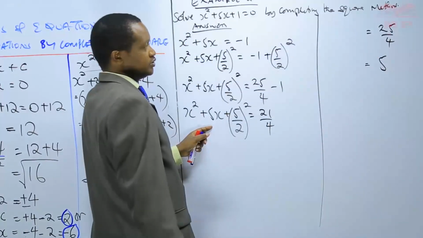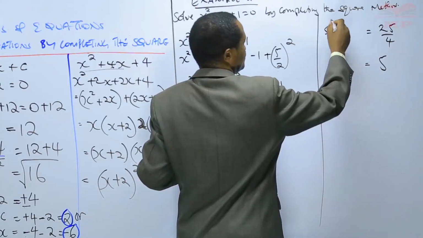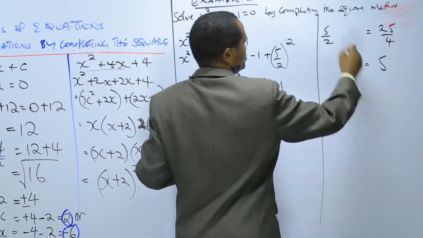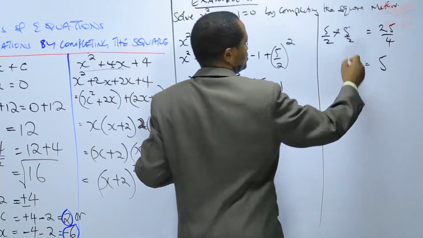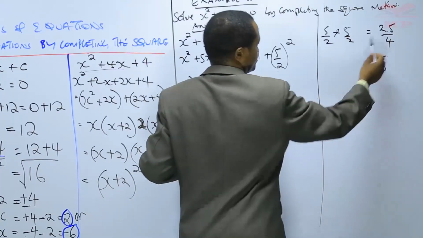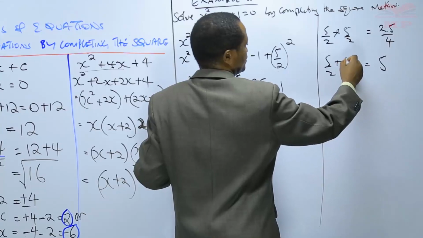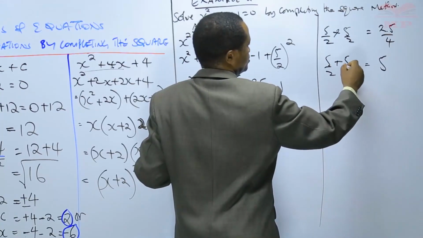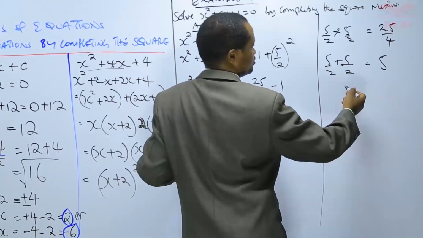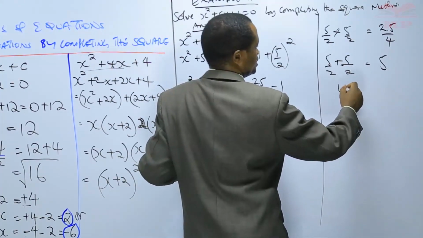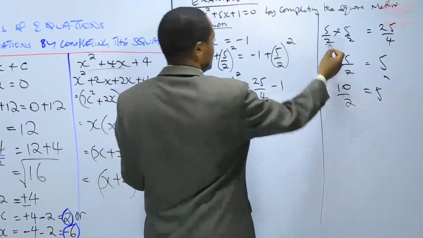The two integers are 5 over 2, because 5 over 2 times 5 over 2 gives 25 over 4, and 5 over 2 plus 5 over 2 is equal to 10 over 2, which is equal to 5.